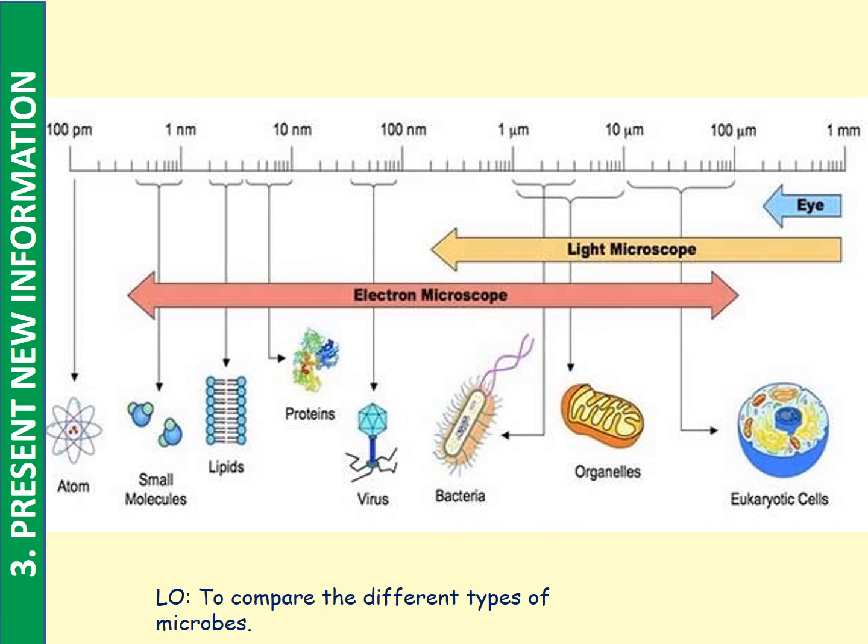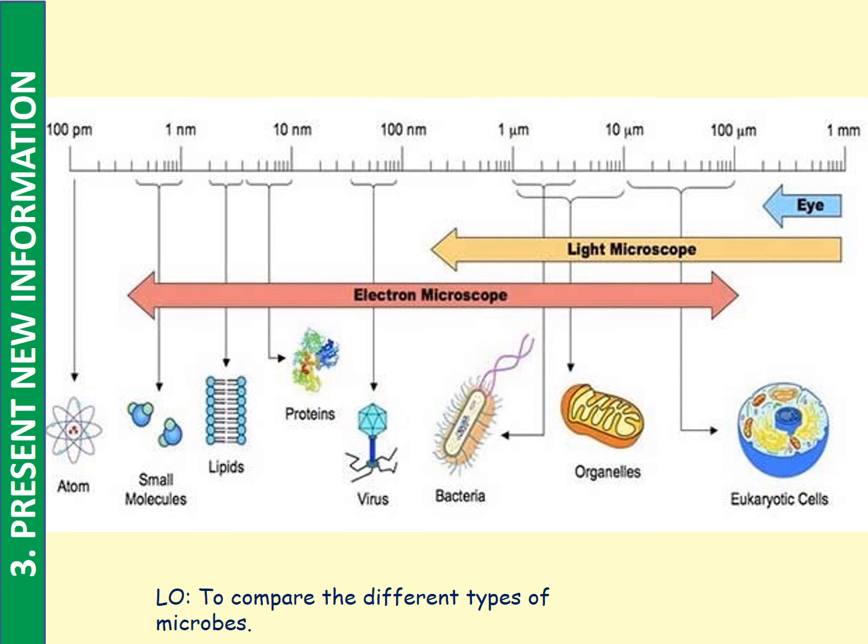So that's 100 micrometres, and a micrometre is 1,000 times smaller than a millimetre. So as far as you're concerned, each of those steps down there is just 10 times smaller than the previous one. So 1 millimetre is 10 times bigger than 100 micrometres. And 10 times smaller than that is 10 micrometres, which is about the size of most of your organelles.